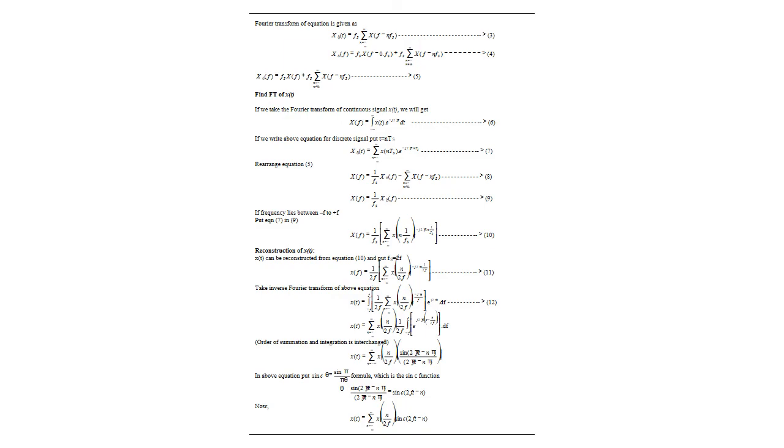So for that, theta is sin(2 pi f t minus n pi) divided by (2 pi f t minus n pi), that is sinc(2ft minus n). So x(t) becomes the summation n equal to minus infinity to infinity of x(n by 2f) sinc(2ft minus n).